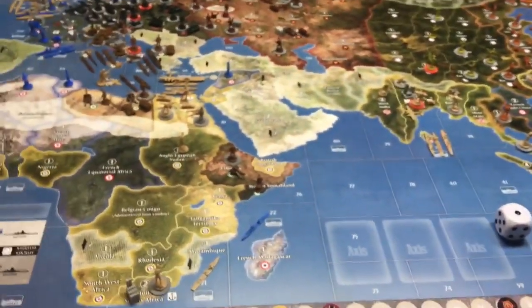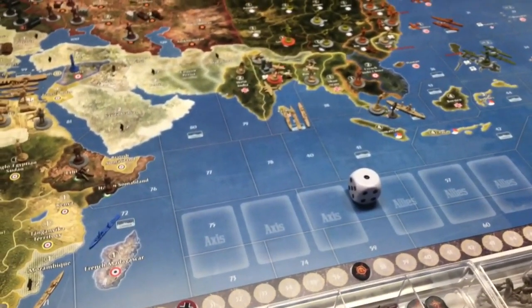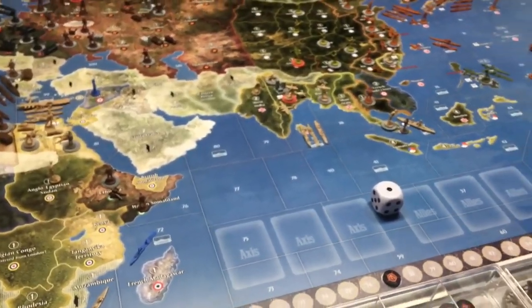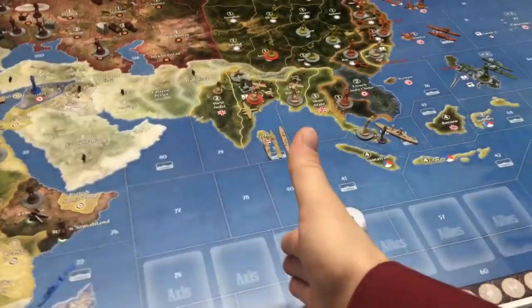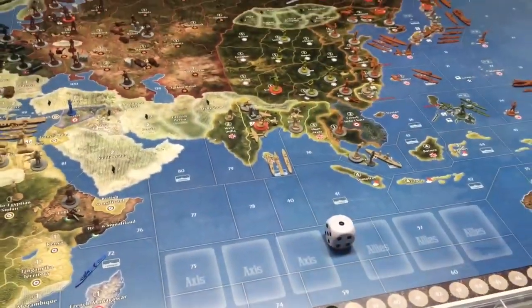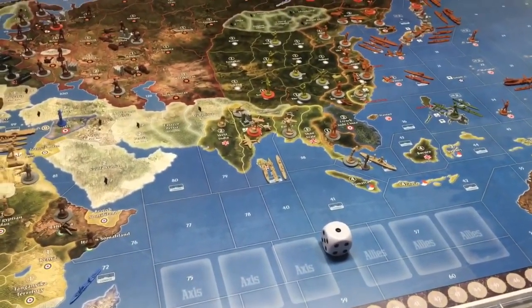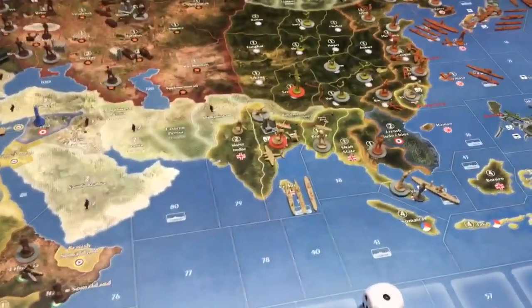Now, you go into combat movement, and you're going to move all your units the way that you would as if it were all one nation. So forget about this line anymore, okay? This line only helps you when you are collecting money and when you're placing units on the board. That's it.